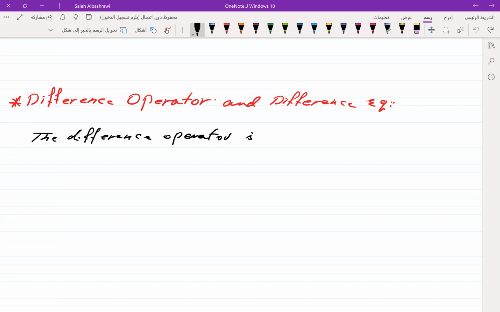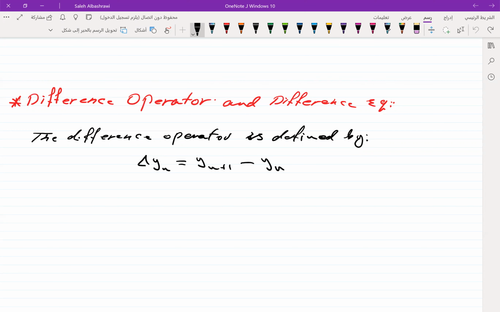The difference operator is defined by delta y sub n equal to y sub n plus 1 minus y sub n.